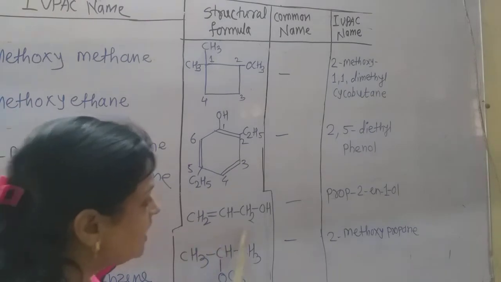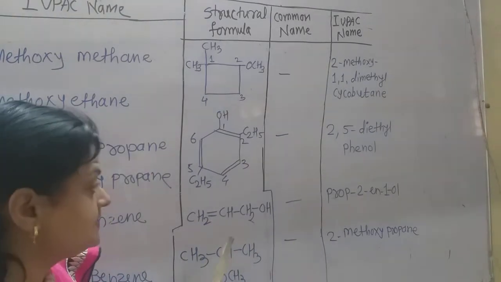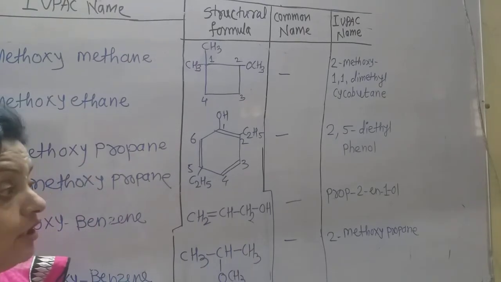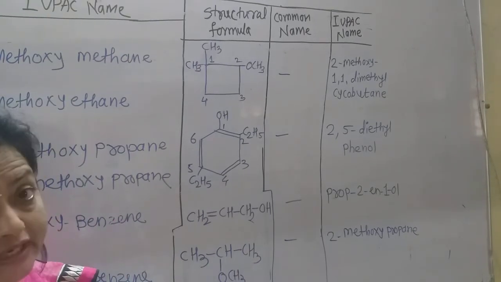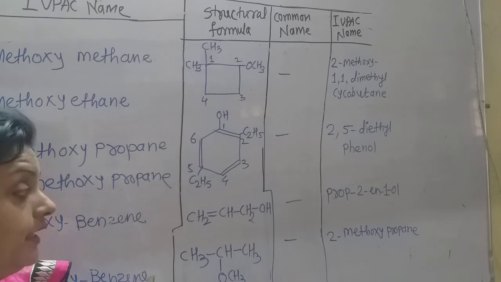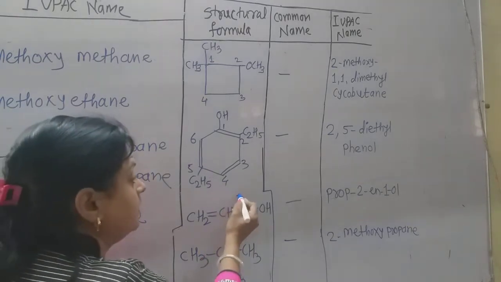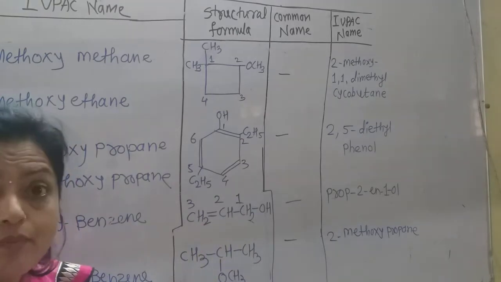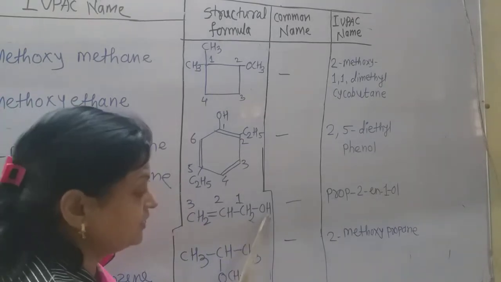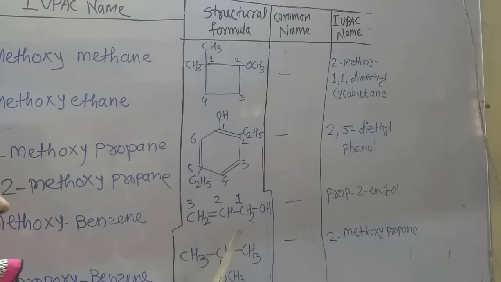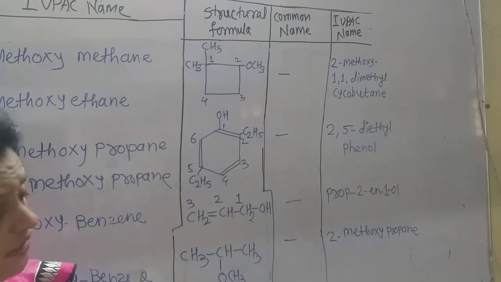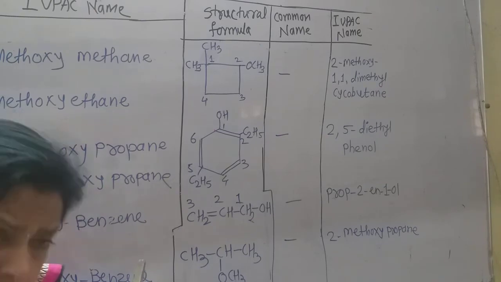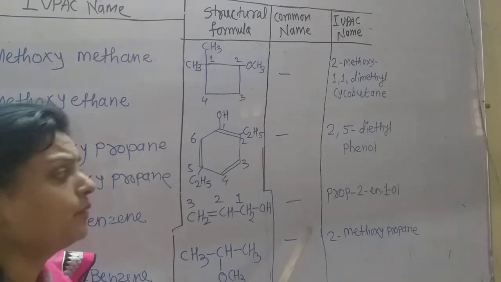Now see, this is an alcohol, but it has a double bond. How do we name that alcohol? We already saw in the nomenclature of alcohol. The numbering is done from this carbon, 1, 2, 3. On the second carbon there is the double bond. On the first carbon there is the hydroxyl group. So there are 3 carbon atoms in this alcohol, so the parent is propene.